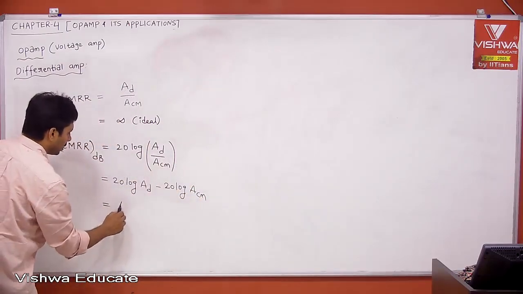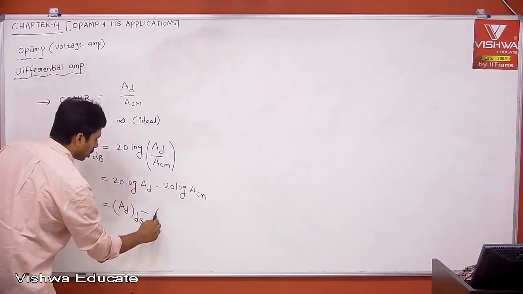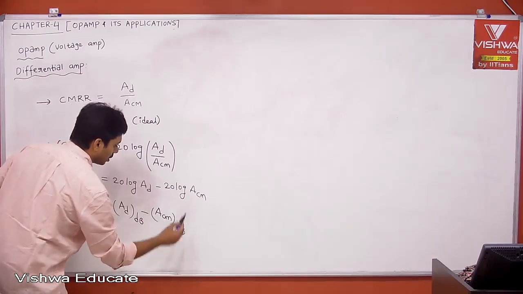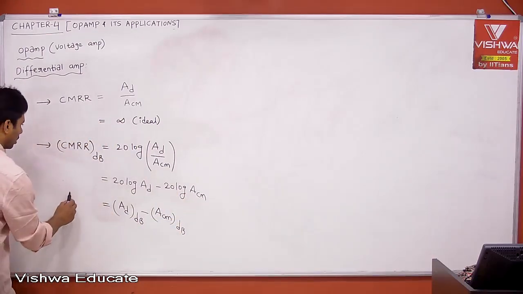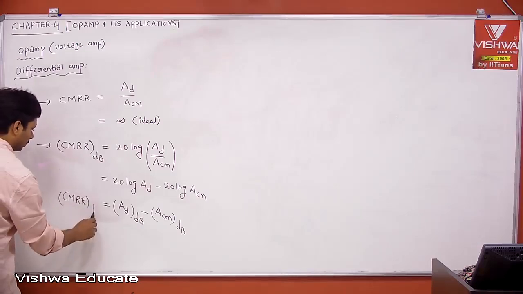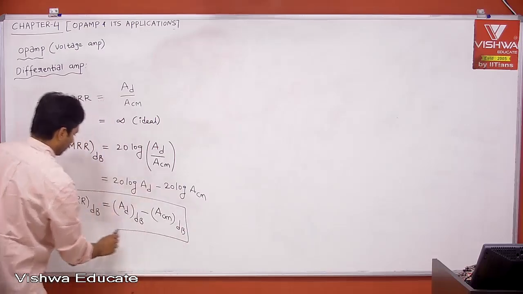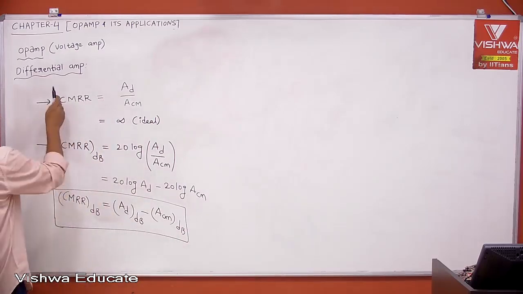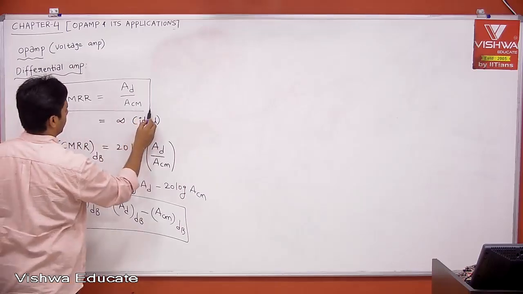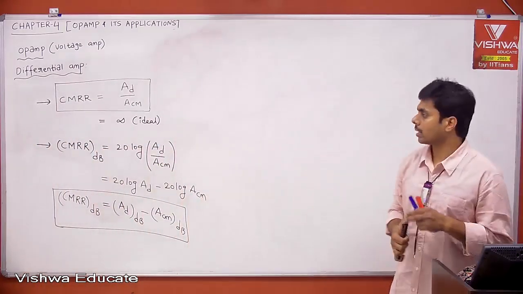Therefore this is nothing but differential gain in dB minus common mode gain in dB. This is the definition of CMRR in dB, and this is the fundamental definition of CMRR. Take this. Then after that I will explain the practical differential amplifier.